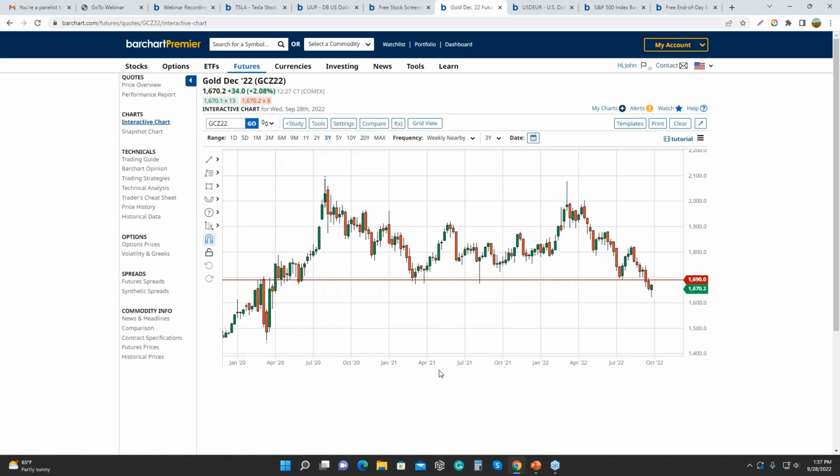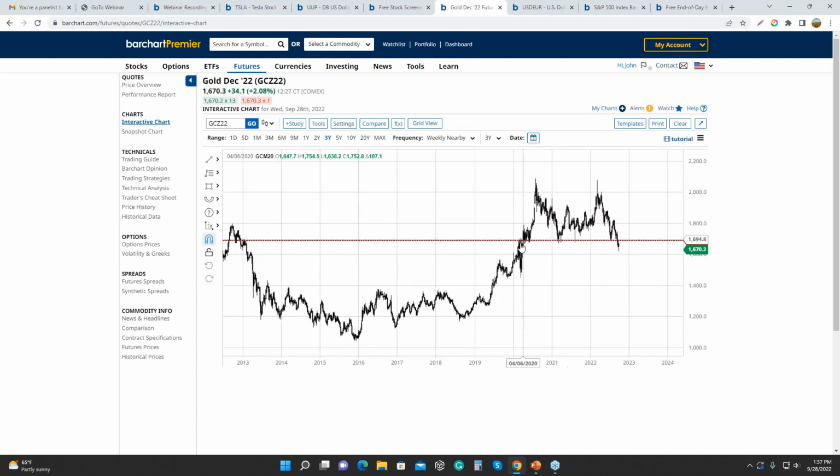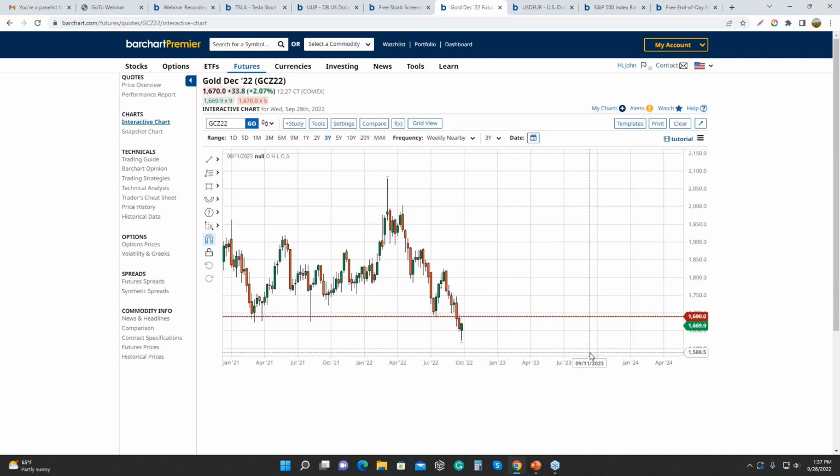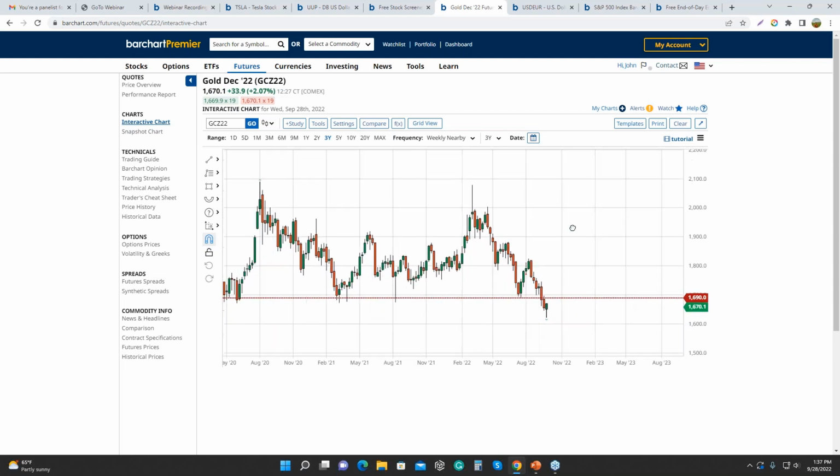In the case of gold, we got a kind of nice double top here. The market has just broken out through a neckline, maybe a little bit of an impulse here. Now I'm going to wait for that pullback into that neckline, look for a shorting opportunity, and then hopefully gold could go lower.